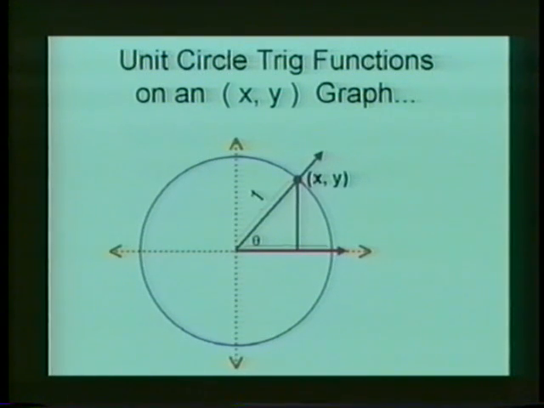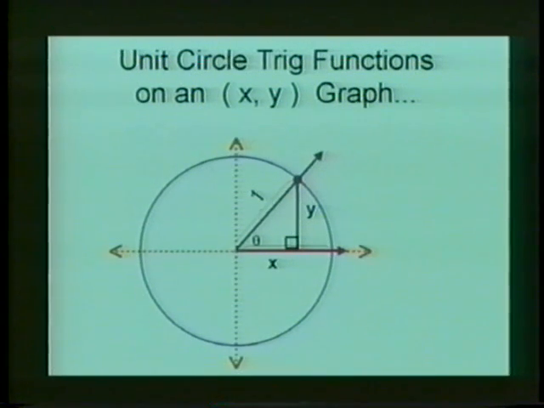Now, what point is that? Like any point, we'll say x, y, over x and up y. It can be any number. Meaning that this distance is x and this distance is y. And of course, we have a right triangle. So for this angle, the opposite leg is y, the adjacent leg is x, and the hypotenuse is 1, because it's always 1 in a unit circle. That's why we're making this a unit circle.